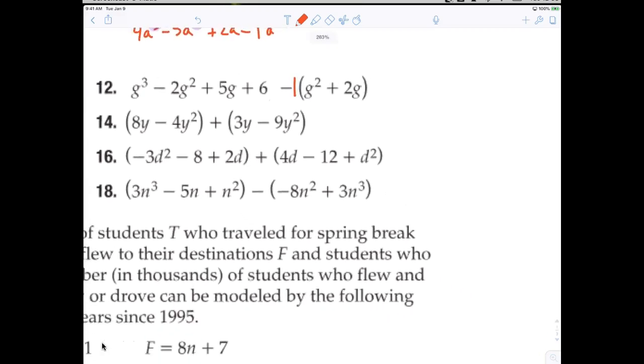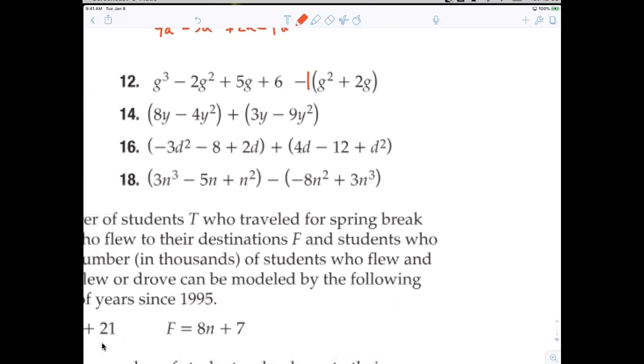Now, I'm going to show you one way of looking at this. On your paper, just write g cubed minus 2g squared plus 5g plus 6. Now, when you distribute the negative 1, it becomes negative 1g squared.